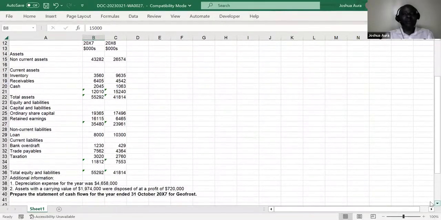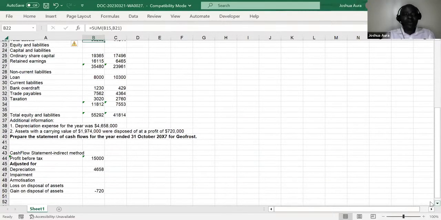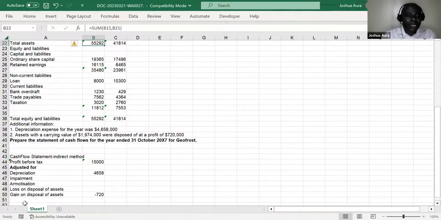I'll be able to come here and talk of investment income. This investment income is the same as dividends received.